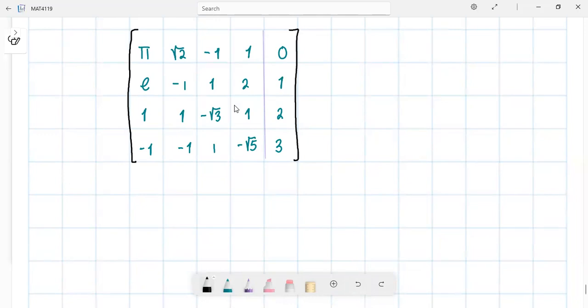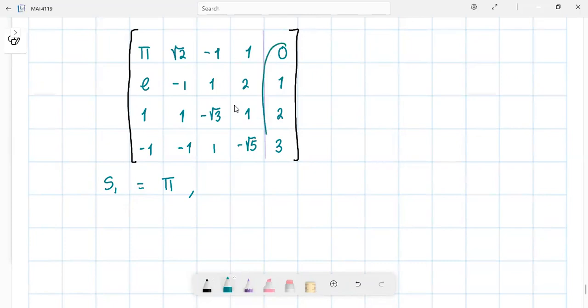From row 1, I'll get the scaling factor S1, the maximum of the elements in row 1 of the coefficient matrix. Looking at pi, root 2, -1, and 1, the largest value is pi, so S1 equals pi. In the second row we have e, 1, and 2.